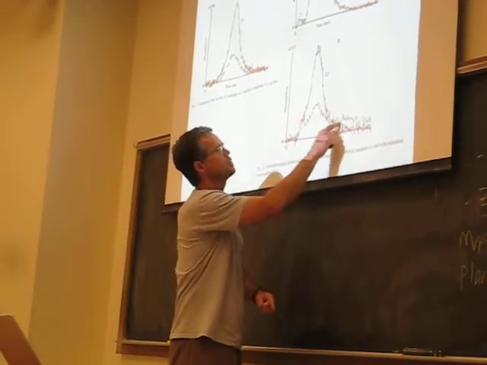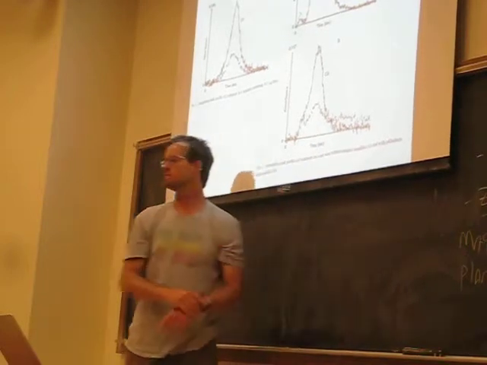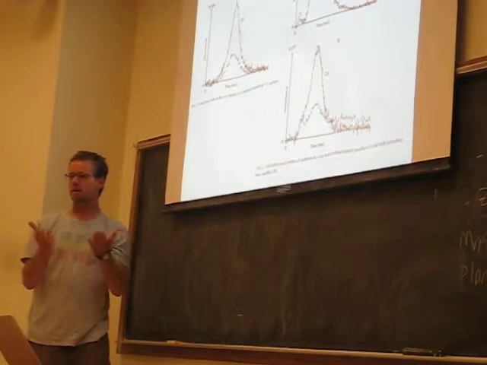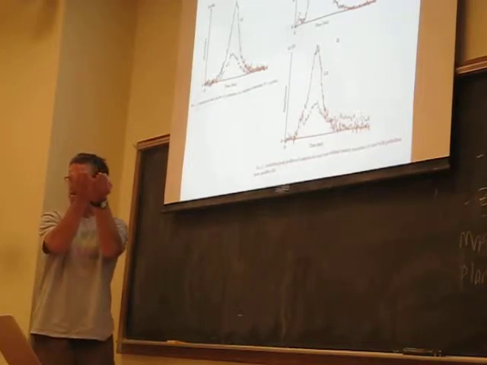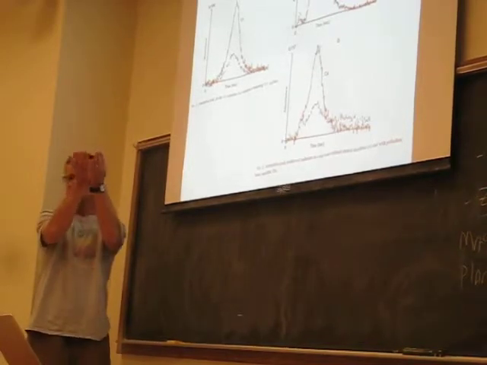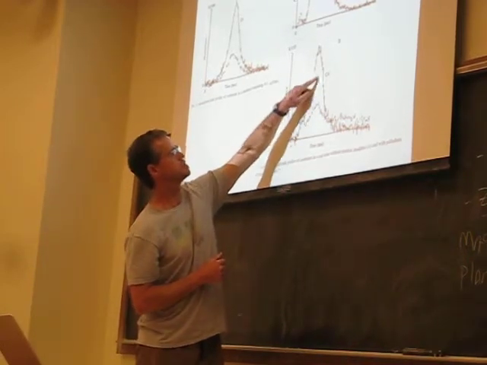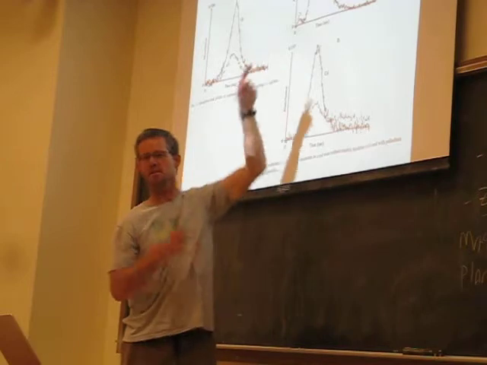And they do that, and you can see the background here is substantially reduced. So it's the combination of using the matrix modifier, allowing you to keep the sample at a higher temperature and drive off the interferences, that generates a much more preferable absorption spectrum compared to in the absence of that.